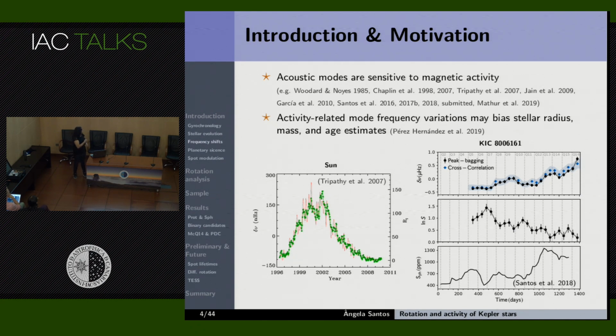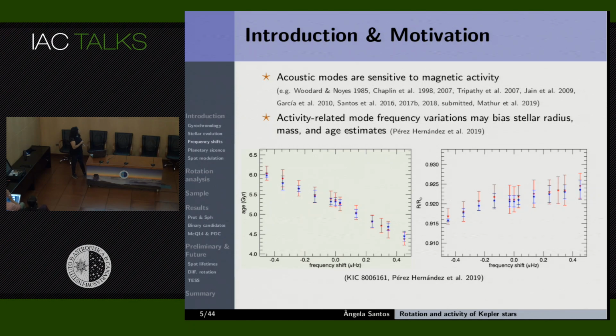And here is one example for a Kepler star where we observe a larger frequency shift over time. Here we have the photometric activity index, which also indicates an activity cycle going on. So the activity is increasing over time, and we see the frequencies also increasing over time. These are the results from a paper led by Fernando.